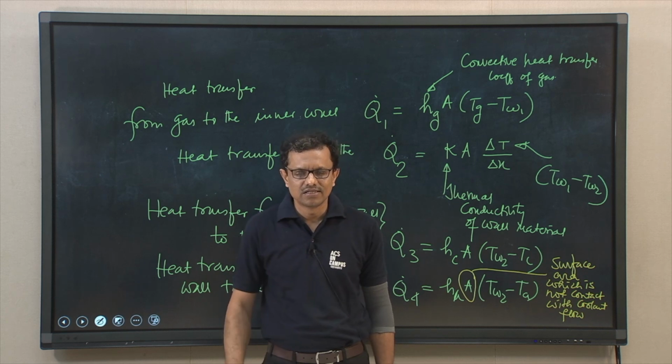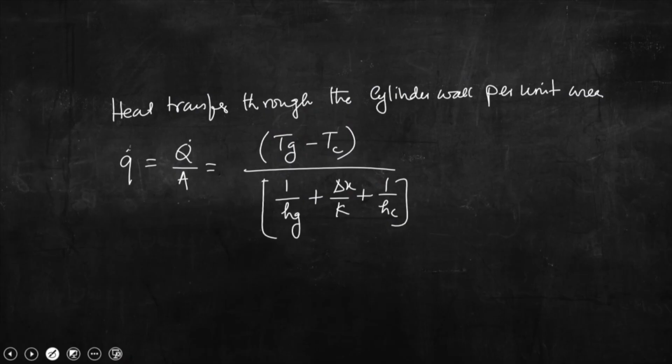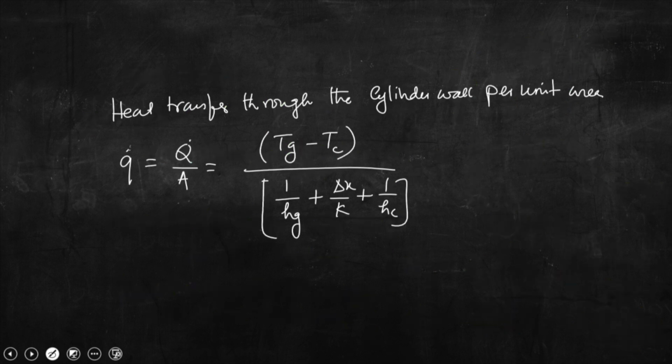So, that is why in this expression we did not consider that part. Here you know all the terms, T g, and T c is the coolant temperature. Now, this is the expression.